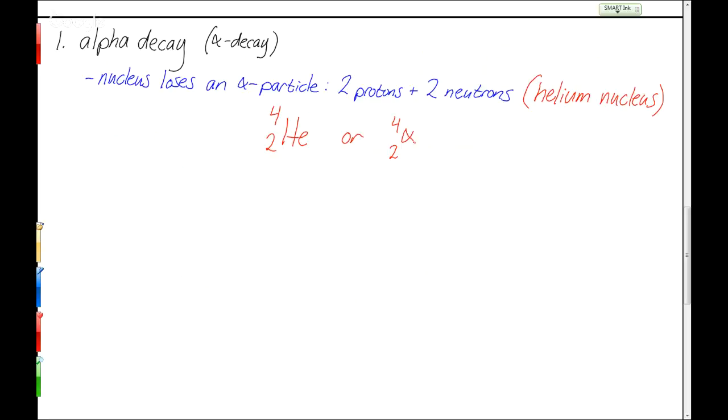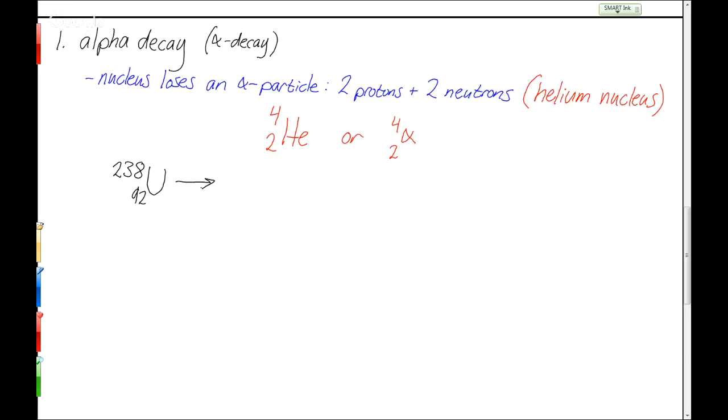So in an alpha decay reaction, a radioactive nucleus loses an alpha particle. And that means that something else is going to be left over. So the way we write a balanced equation for this looks something like this. Let's take uranium-238.